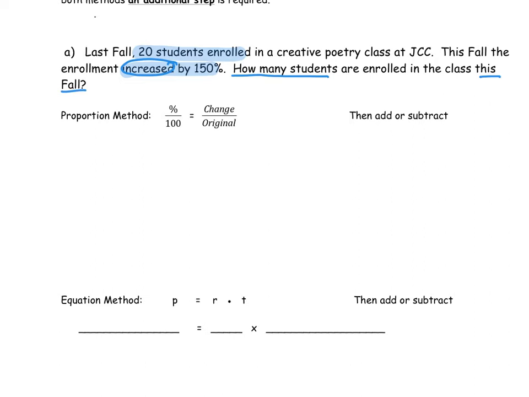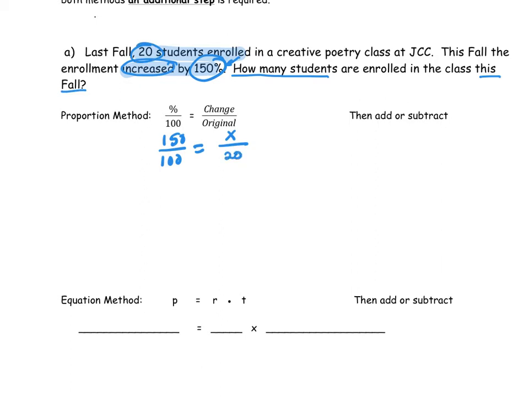So we're going to start with the proportion method. They've given us a percent right away, so we're going to write that as 150 over 100. That's what percent means, a number over 100. And then I need to know the change, which we don't know. That's what we're trying to figure out, of the original, and the original amount last fall was 20 students.